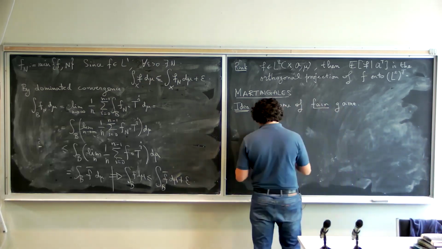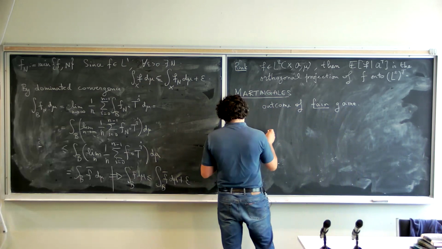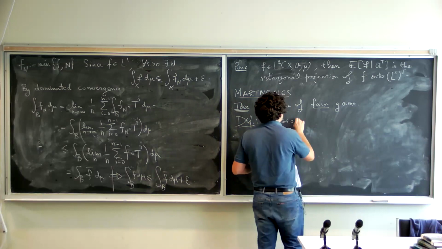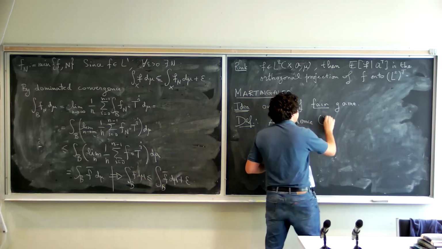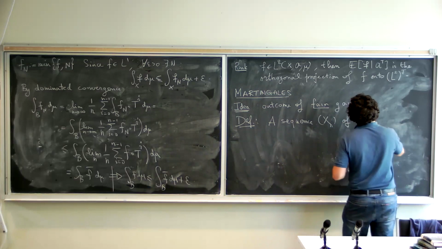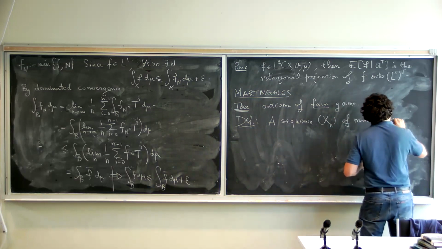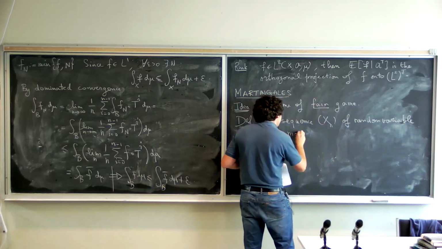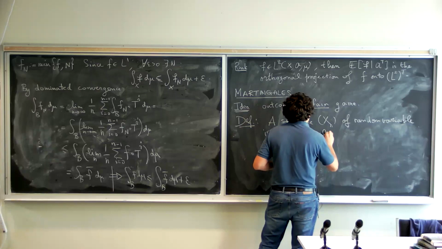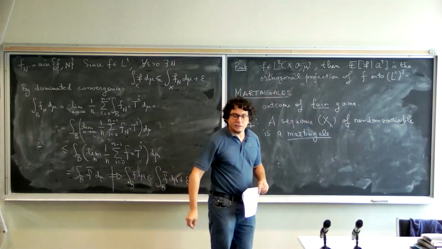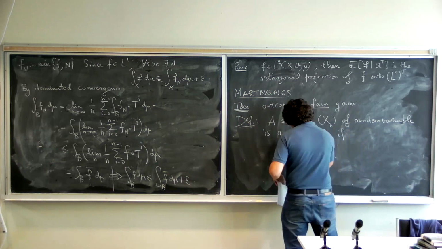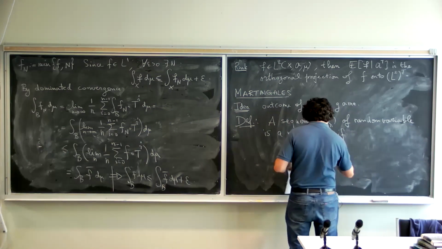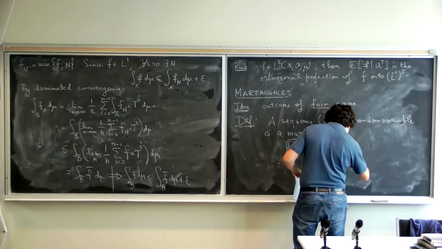So the definition is the following. A sequence xn of random variables is a martingale if the expectation of xn plus 1, given that you know all the history, x1 up to xn, equals xn.